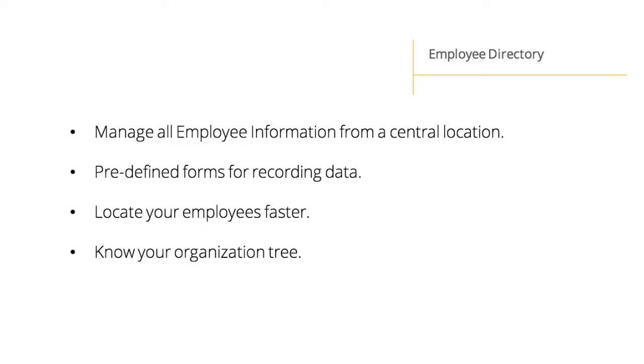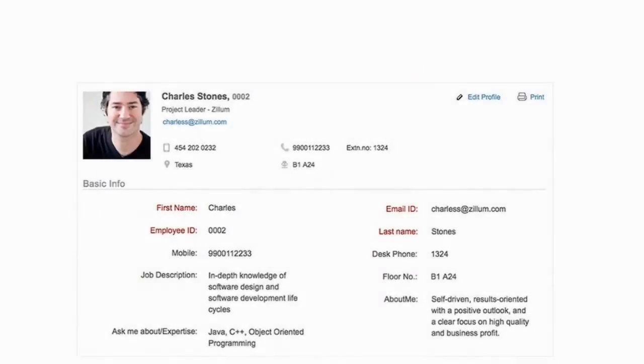The organization tree enables you or your employee to understand the hierarchy of your organization. Now, this is typically how the employee profile will look in Zoho People. You or your employees can just click on edit profile to update or make changes to the employee details.